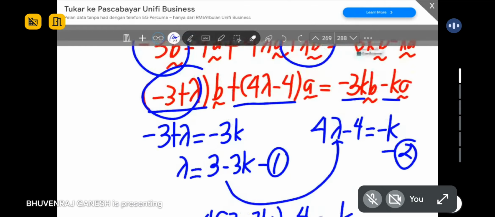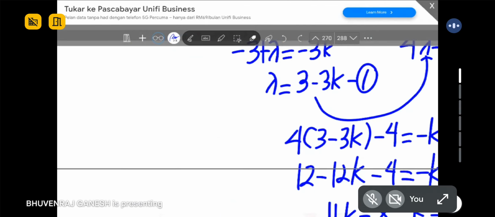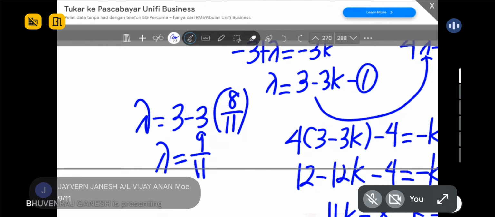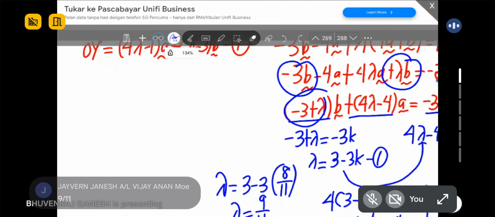Correct? Then you can find lambda. Lambda is 3 minus 3K, with K as 8 over 11. Press calculator: 3 minus 24 over 11, so lambda equals 9 over 11. Clear? So done, lambda and K you found already.